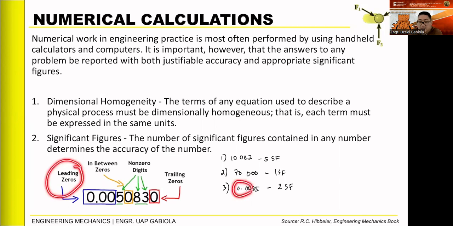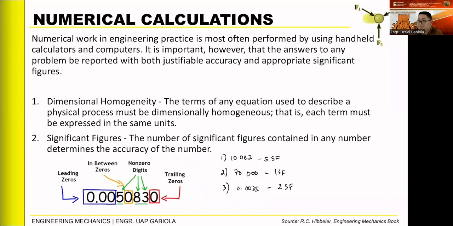All leading zeros are not significant. Kaya ito lang yung significant natin, si 2 at si 5. Yung sinasabi ko dito, mga 0 na after ng non-zero digit, yung mga trailing zeros natin, ang condition niya, once na nagkaroon ka ng decimal dito, tsaka mo lang siya masasabing significant. Pag wala siyang decimal place, not significant siya.